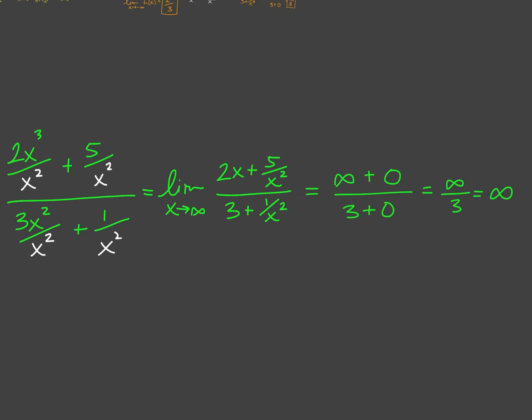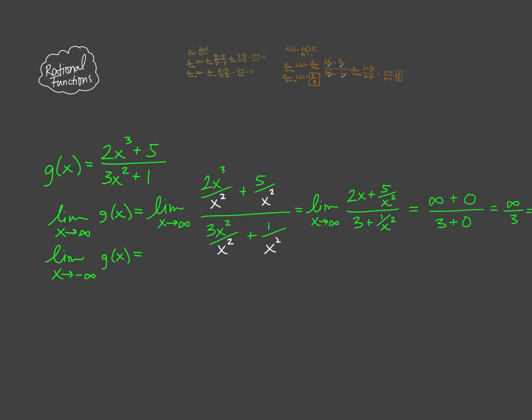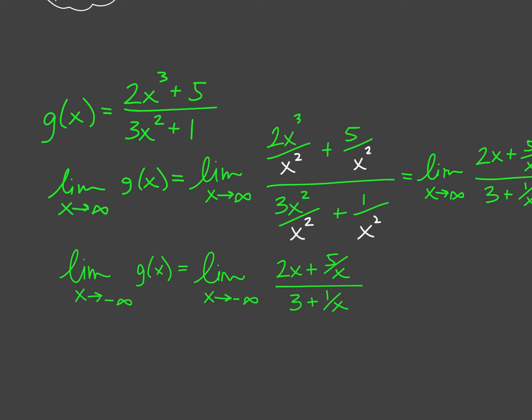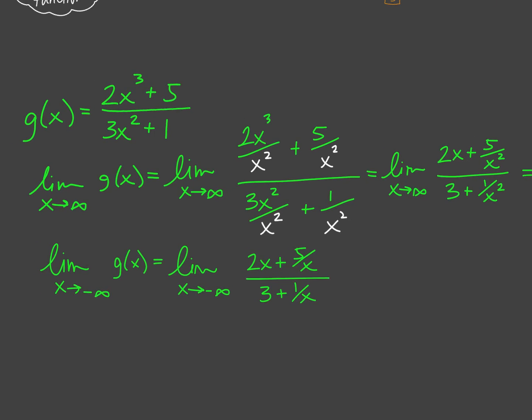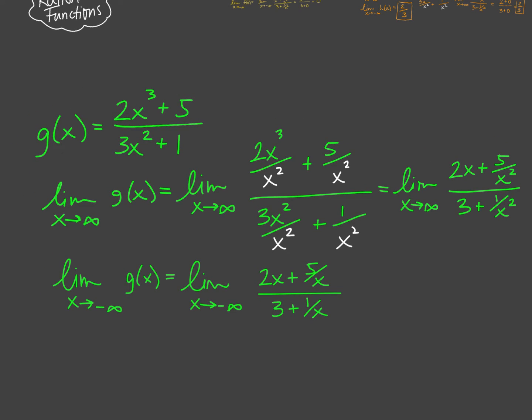Next, let's take a look at the limit as x approaches negative infinity. I have gone through the process that we've been going through multiple times, so I divided every single term by x squared. Now here, if we are approaching negative infinity, we've already established that the 5 over x squared and the 1 over x squared are both going to approach 0.